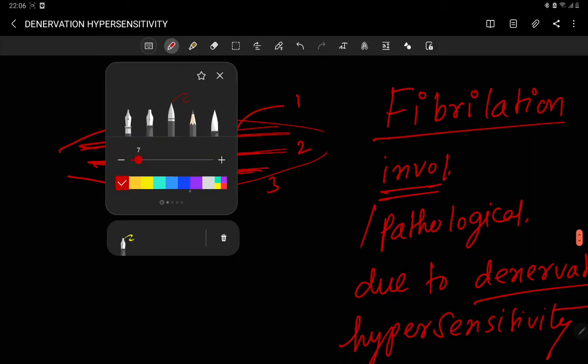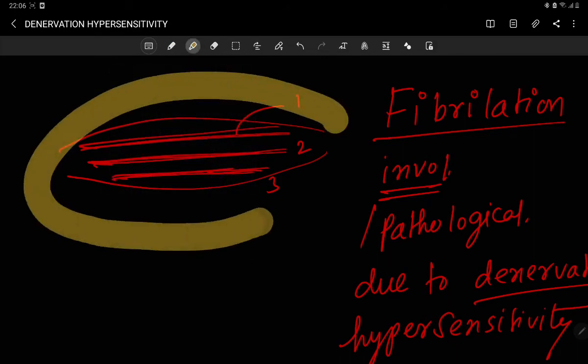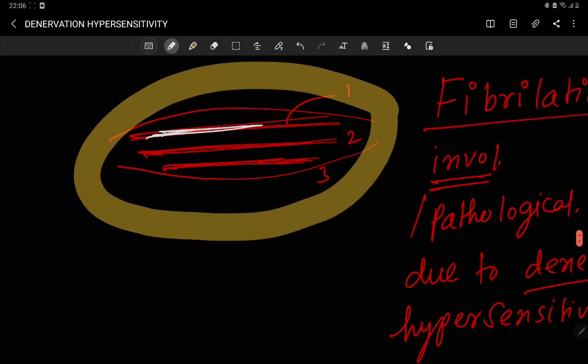Now this muscle is not contracting like a motor unit. What happens? Each and every individual fiber of the muscle starts contraction.